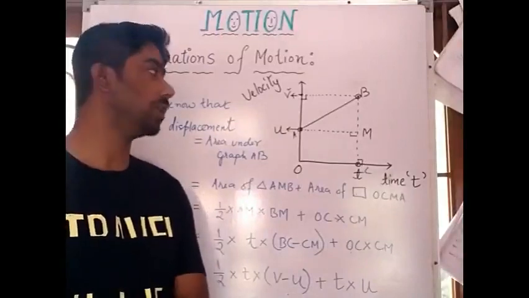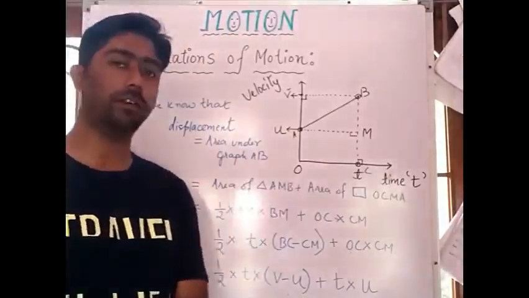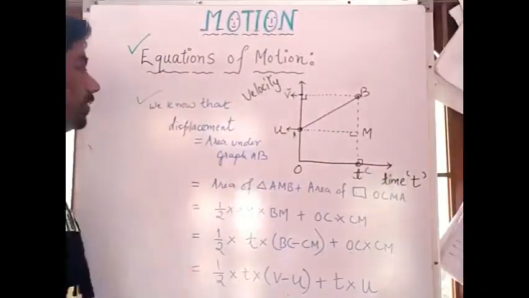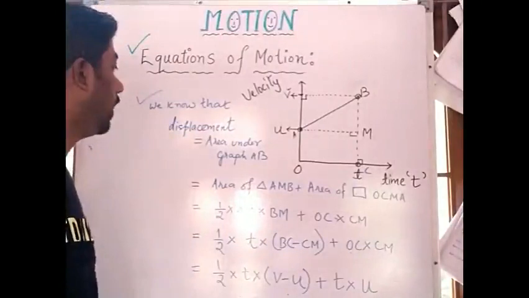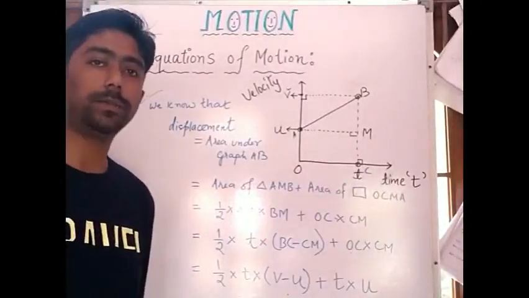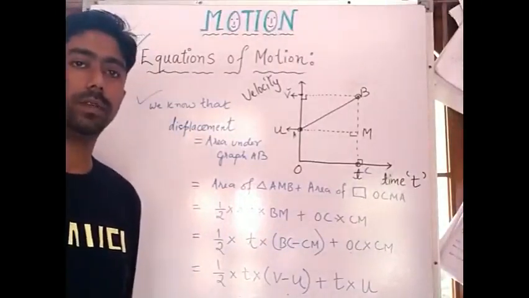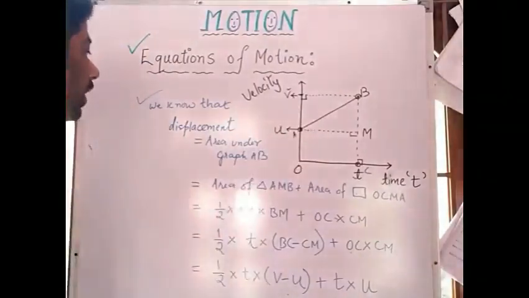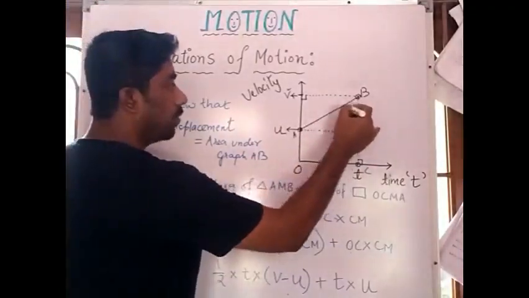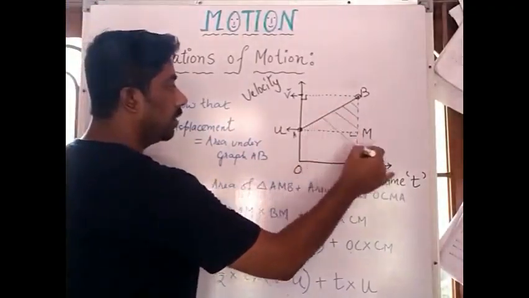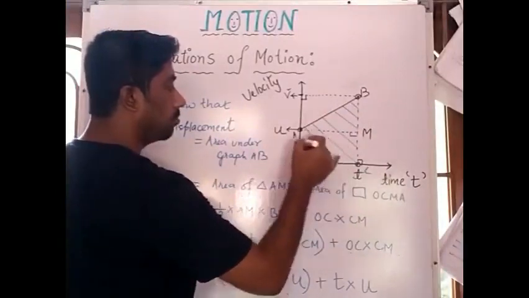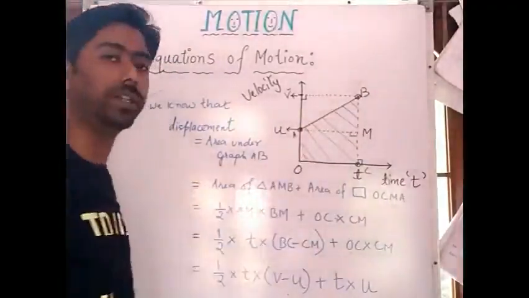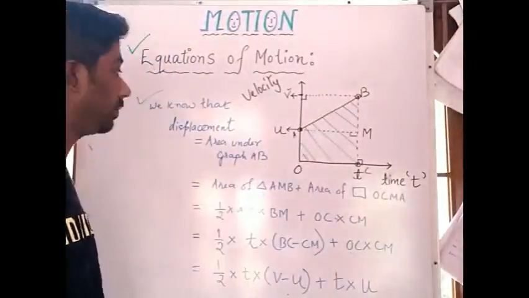The second equation of motion, how can you obtain it? Again we have the same graph. Just now we have discussed that displacement is equal to the area under the graph AB. The displacement of the moving object under uniform acceleration is the area under this graph AB, so we have to find the area of this whole region.